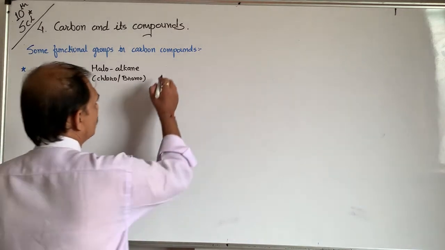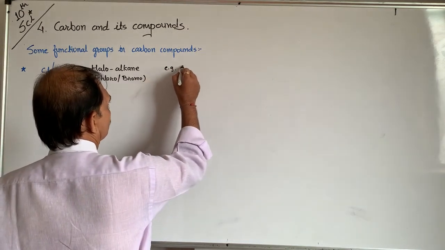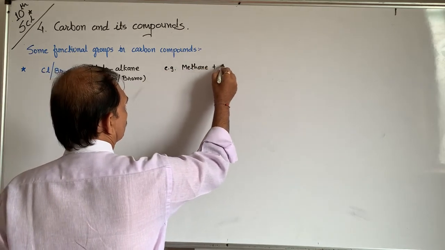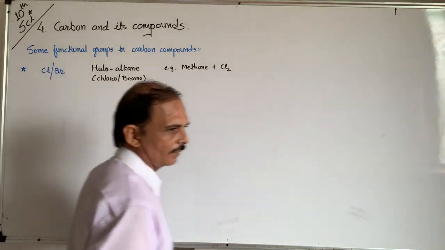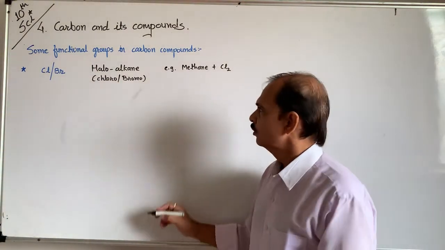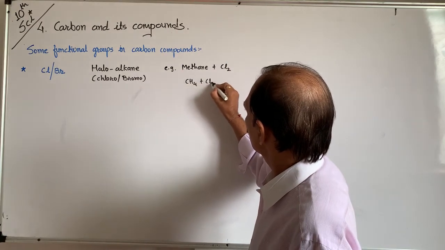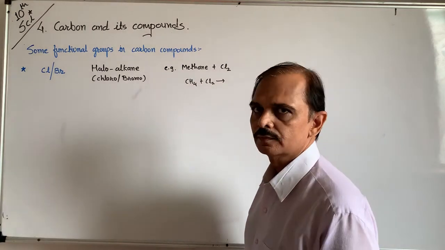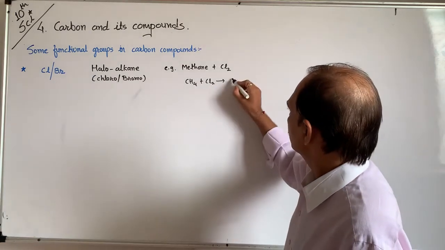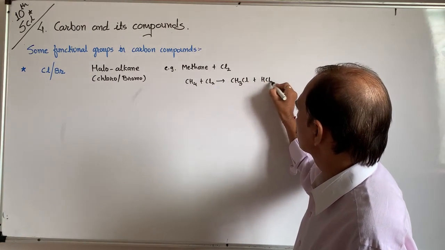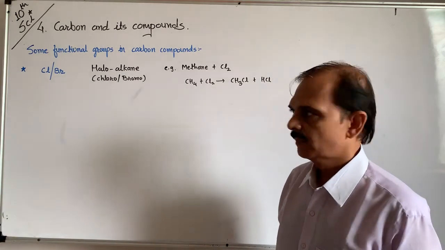As for example, methane reacts with chlorine or bromine. You know methane means CH4. When it reacts with chlorine, it gives what? It gives CH3Cl and hydrochloric acid is released. Now how does it happen?